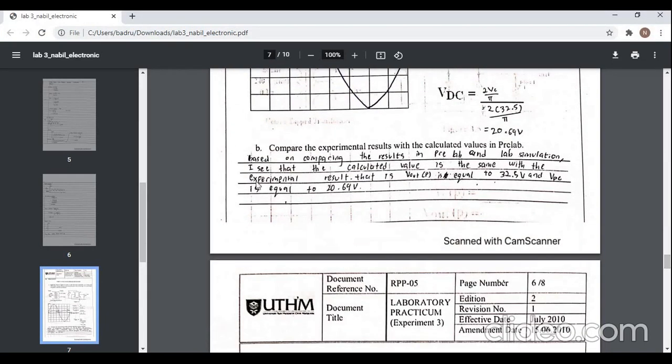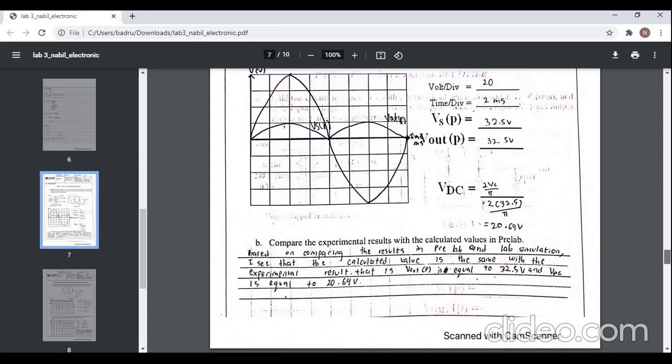Seterusnya soalan B. Compare the experimental result with the calculated values in pre-lab. Okey, daripada pre-lab saya, nilai saya yang saya dapat adalah 32.5 volt. Manakala untuk lab, nilai yang saya dapat untuk DC voltage adalah 20.69.